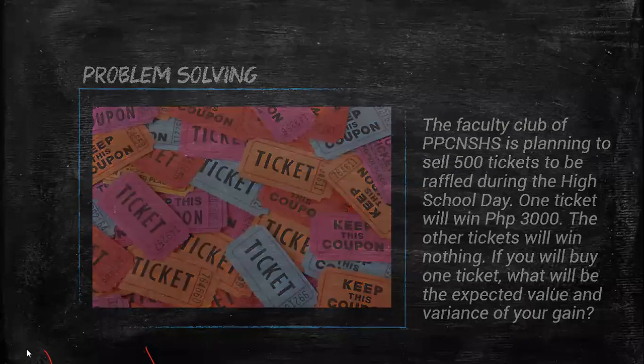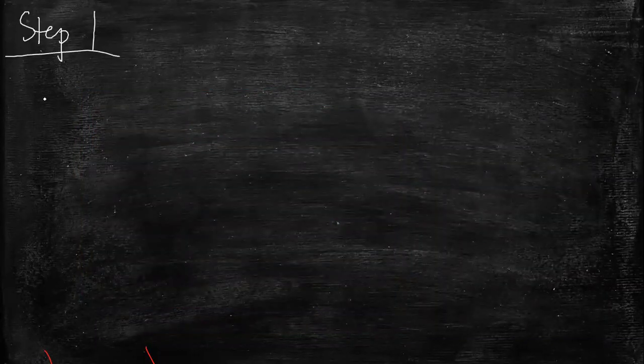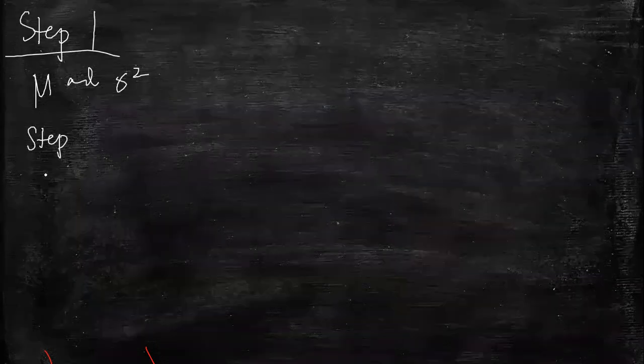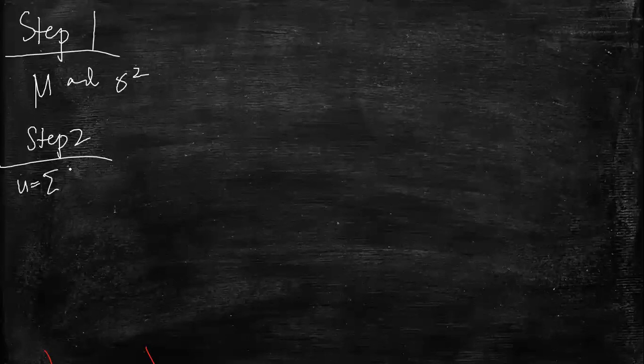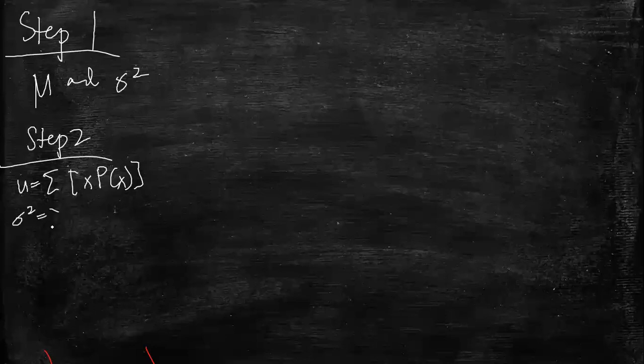Okay, sige. Tutulungan ko na kayo. Step 1, anong hinahanap? Mean and variance. Step 2, formula. Mean is equal to the summation of x times p of x, and the variance is equal to the summation of x minus mu squared times p of x.